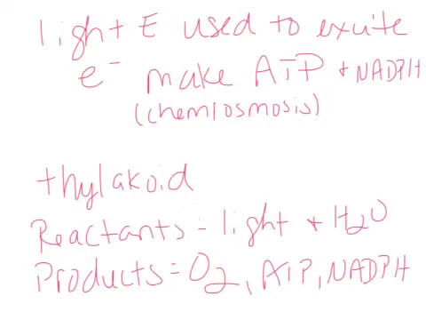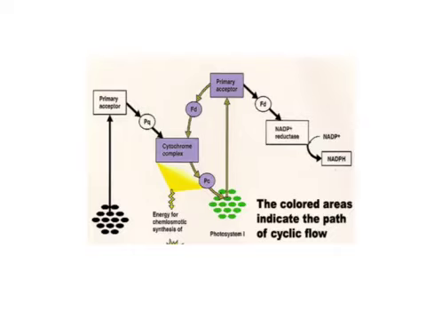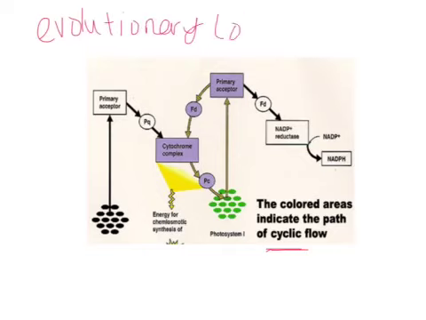So we've got one last thing to look at here with these light reactions. Let's look at what's called cyclic electron flow, and then we'll be all set with the light reactions. Before we had non-cyclic electron flow, but we also have cyclic electron flow that is happening in the plant. This process is older, evolutionary-wise. We know this because bacteria do this.